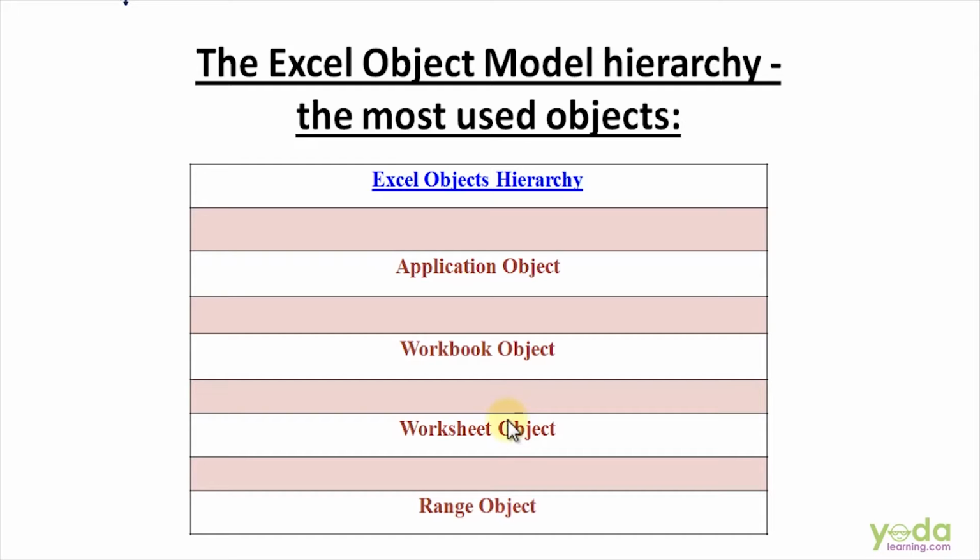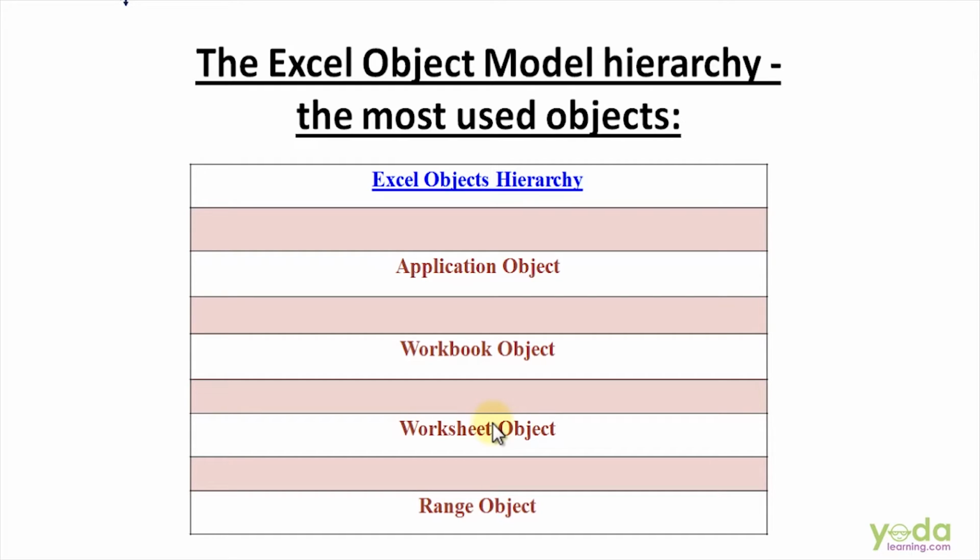The worksheet object appears next below the workbook object in the Excel object hierarchy and represents a single worksheet within the workbook. The worksheets collection object includes all the worksheets in the workbook. A range object refers to a cell or a range of cells.